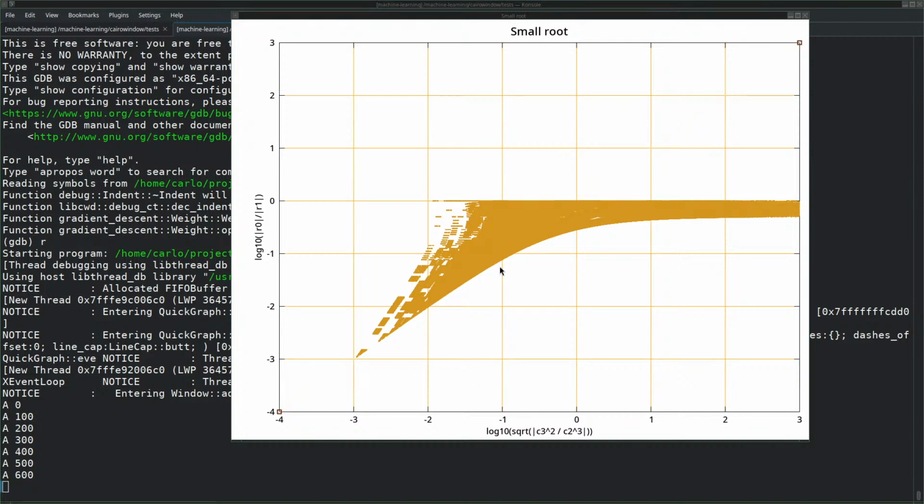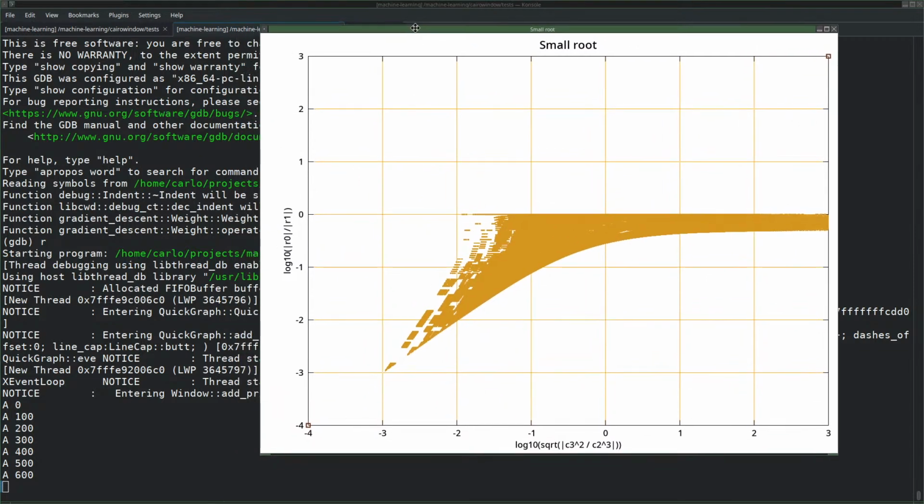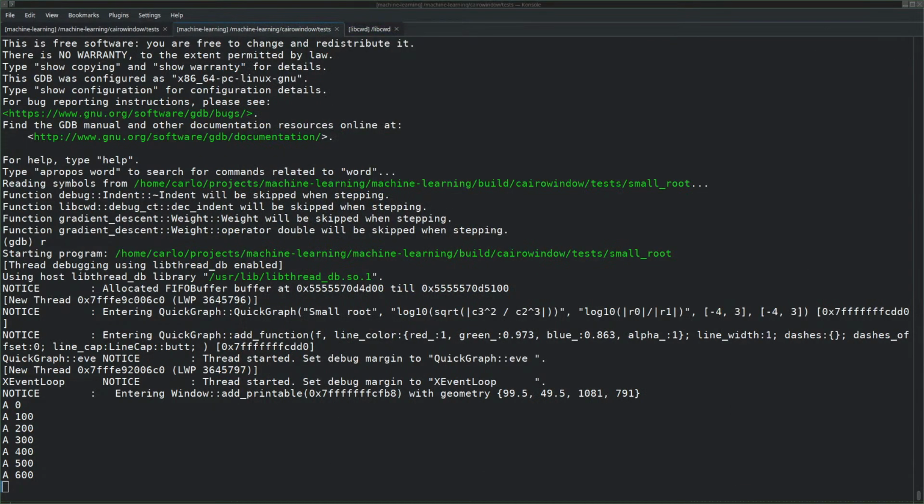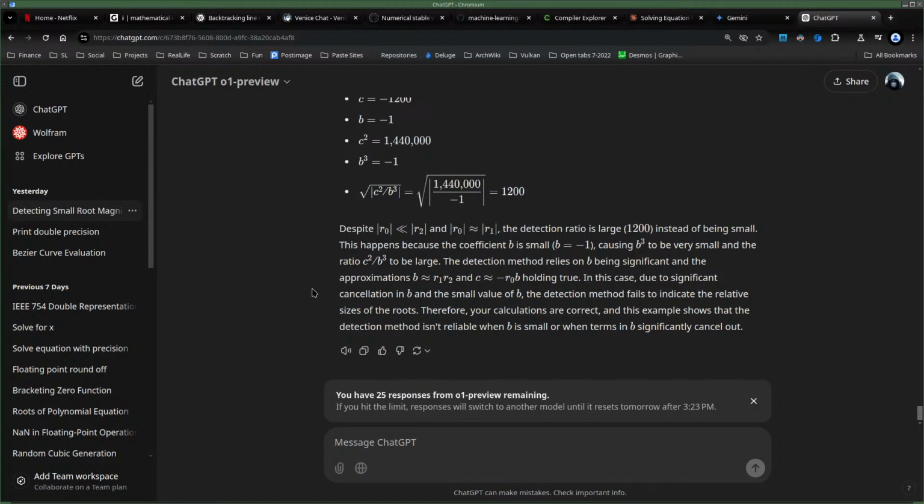Yeah, let's talk to ChatGPT. I know it doesn't understand this, it doesn't understand anything, but it still helps me to think a little bit. This picture's not changing anymore, so I'll put it here. Only 25 responses left.